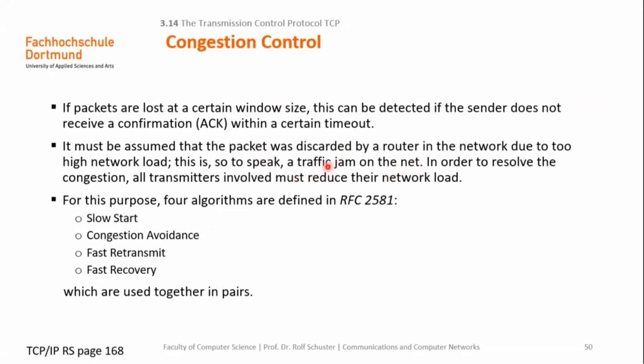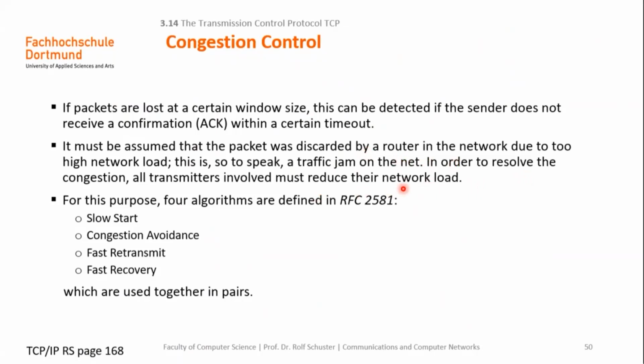Typically there is a queue that is overloaded or overflowing, and a packet has been dropped because there is congestion. In order to resolve the congestion, all transmitters involved must reduce their network load.